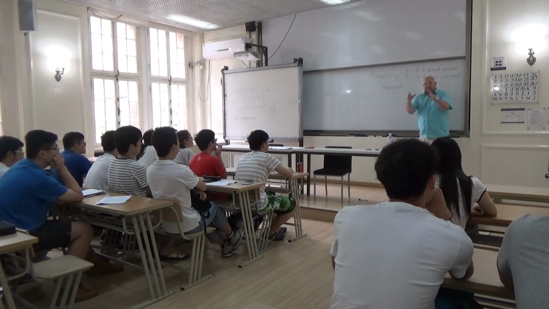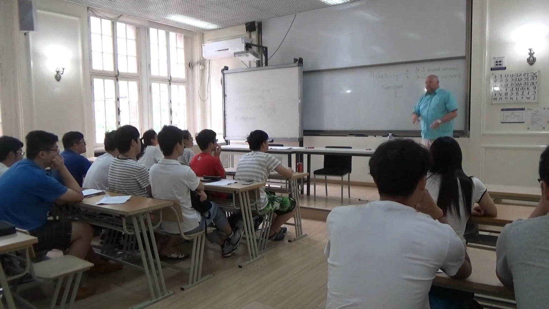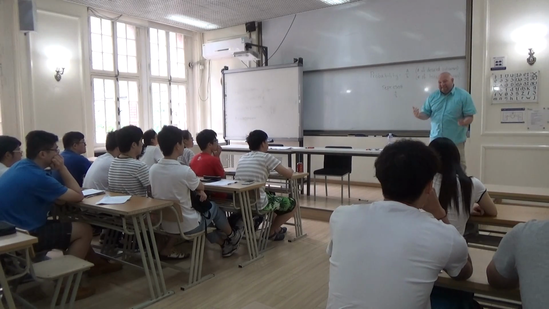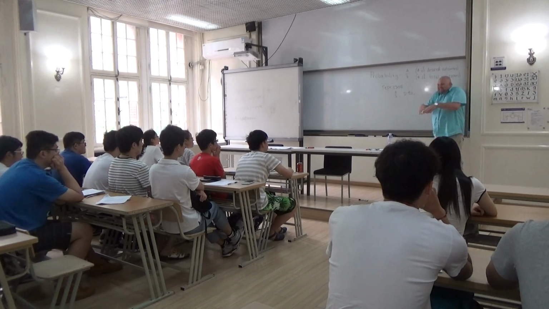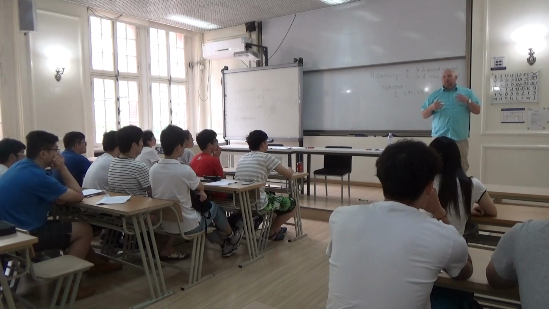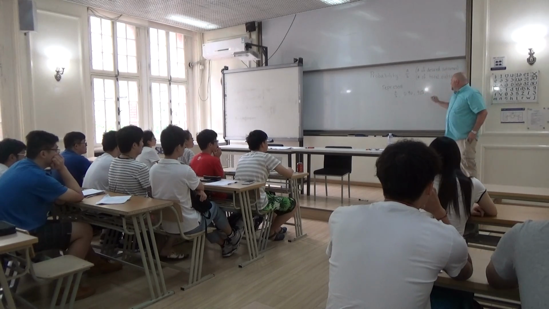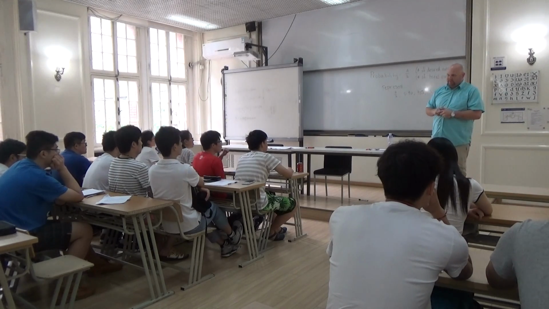We can represent it as a fraction, A over B. We can represent it as a decimal value, 0.90. We can represent it as a percent, 90%. Or sometimes we represent it as a ratio, A to B. So there's many different ways of representing probability.